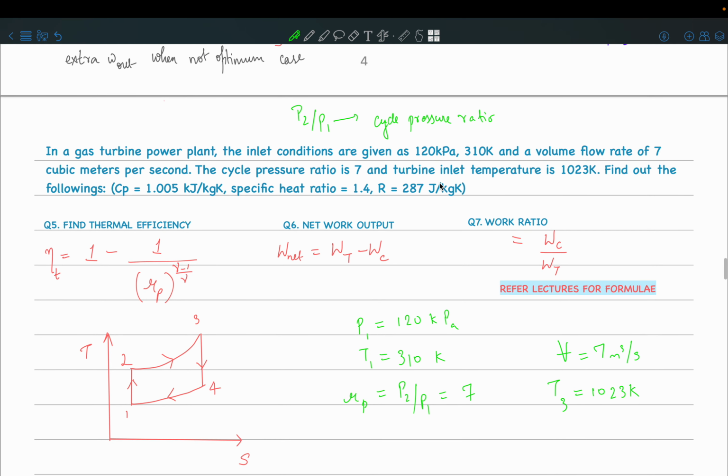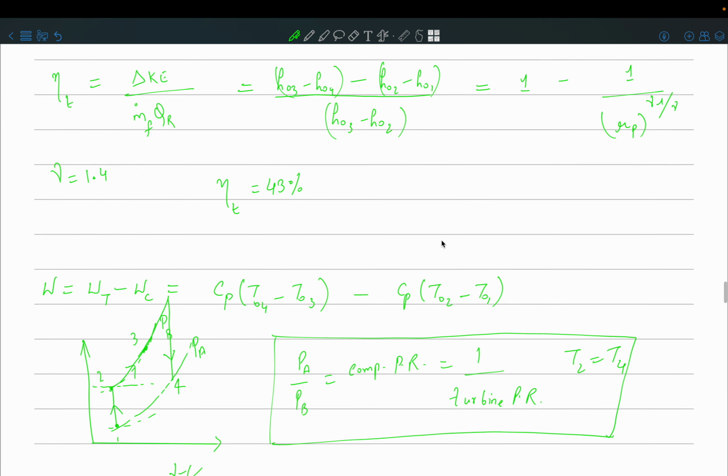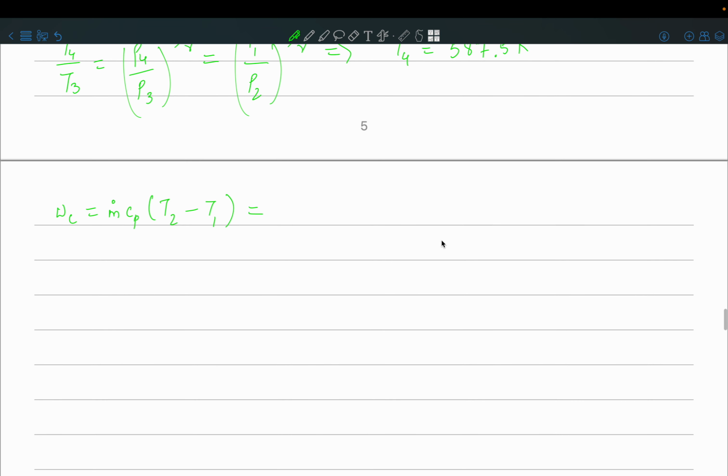Cp is also given, the gamma is also given, and R value is also given. Okay. So you can calculate the work of the compressor. I'll just write the answer over here. It is 2179.87 kilowatts. If you have any doubts in the steps how to calculate this, please ask me.